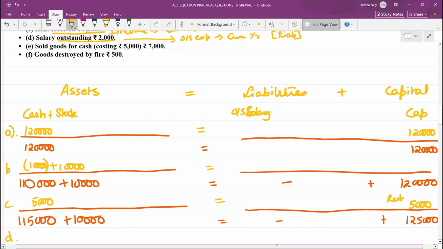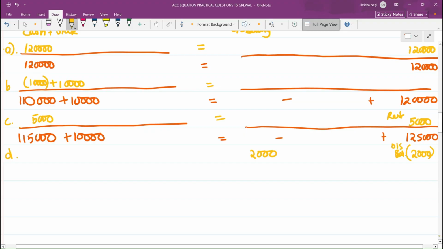And we will write the amount which is rupees 2,000. है ना? And it's of the current year तो ये capital account को भी affect करेगा. So 2,000 outstanding salary will be an expense. Outstanding salary. ठीक है? So assets will not get affected. Assets will not get affected here.